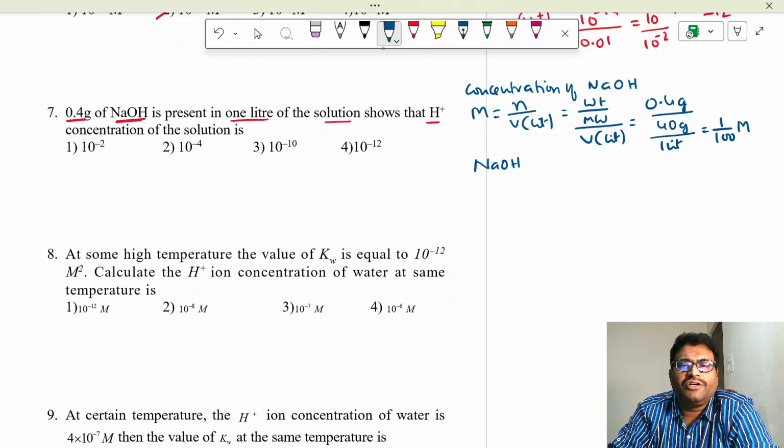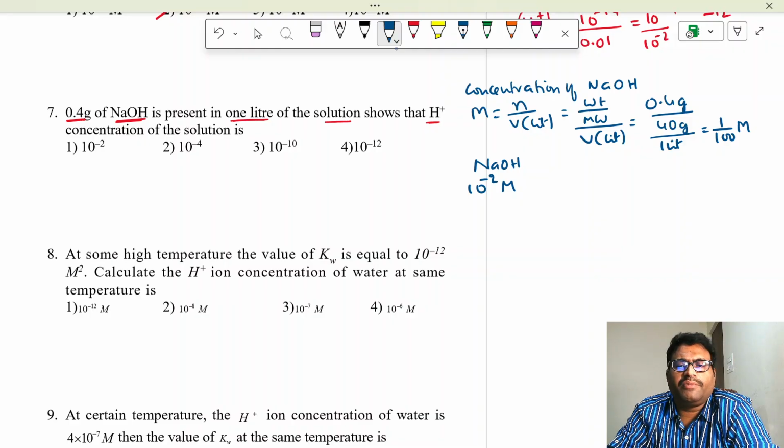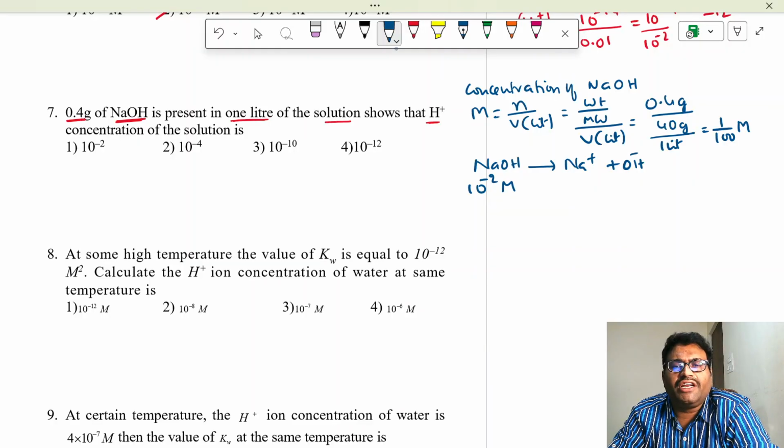That means 10 power minus 2 molar. So 10 power minus 2 molar NaOH dissociates into Na plus plus OH minus. As NaOH is strong electrolyte, it completely dissociates. Then how much is produced? 10 power minus 2 molar is produced.